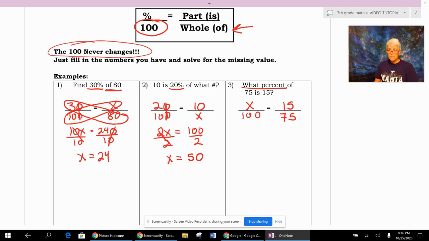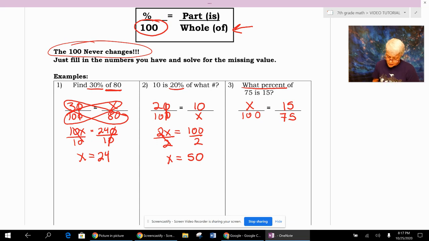But a lot of times you're going to just have to think about, is this the part or is this the whole? If it's the whole, you will put it as the denominator. If it is the part, you're going to put it as the numerator. So it takes a little bit more thinking. But just so you know, words like is and of kind of help you out with the part and the whole.